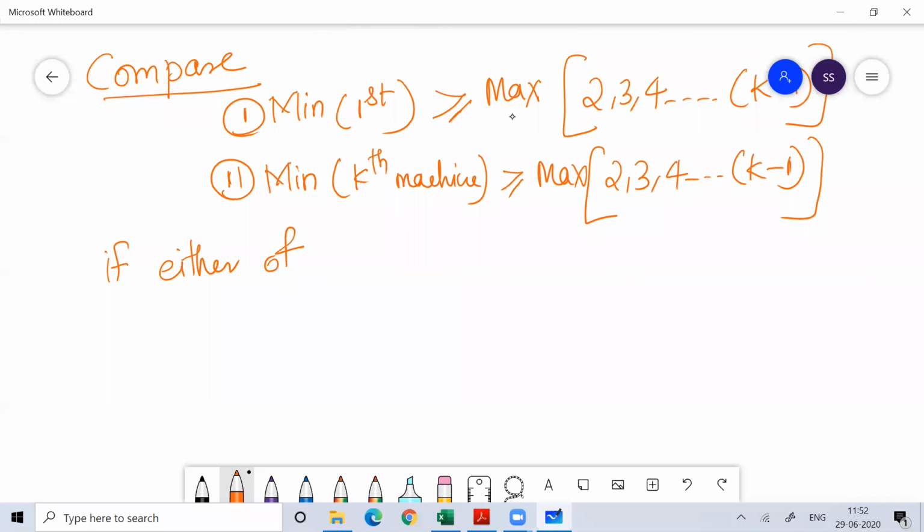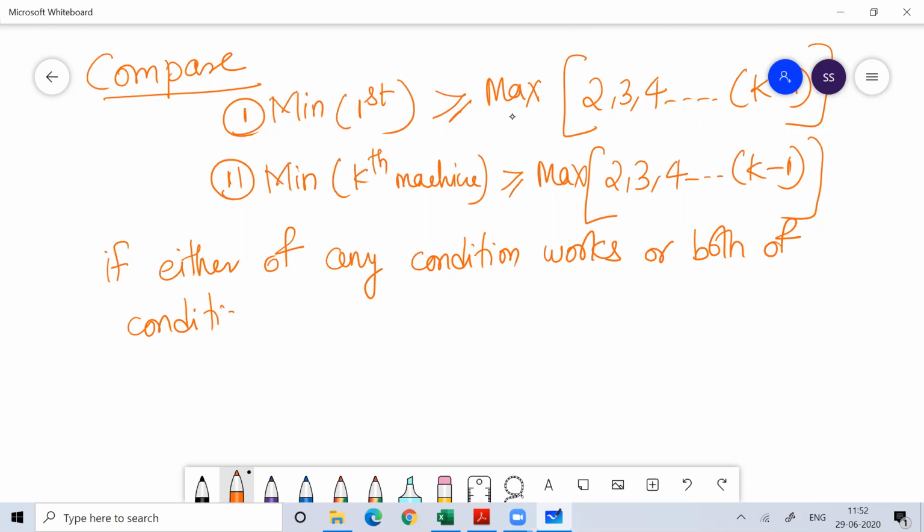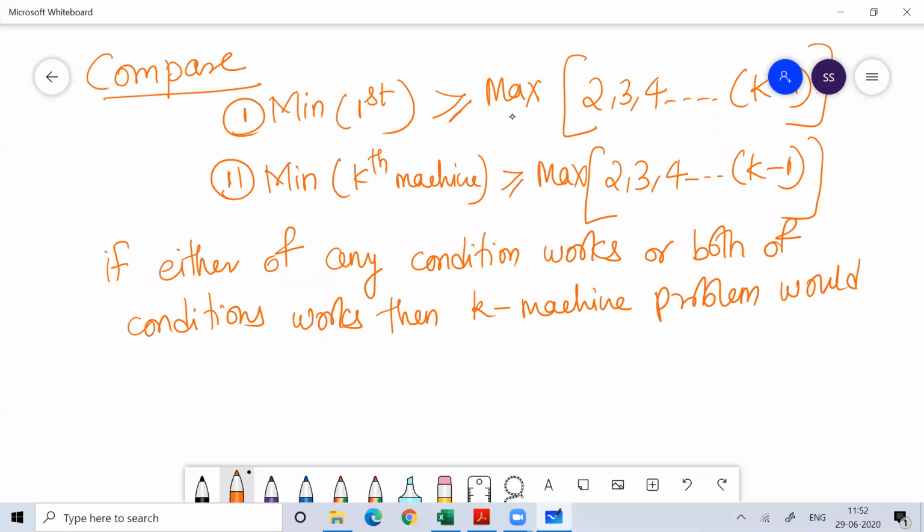So if either of the conditions works, or both of the conditions work, then only the k machine problem will be converted into a two machine problem.